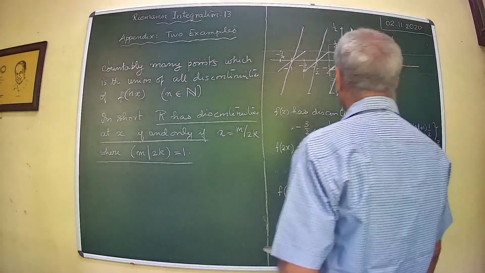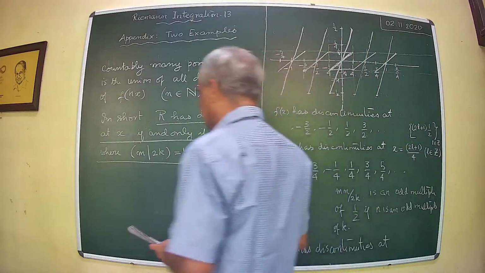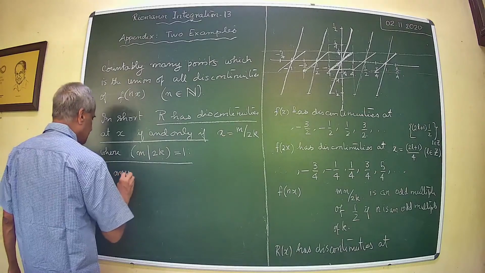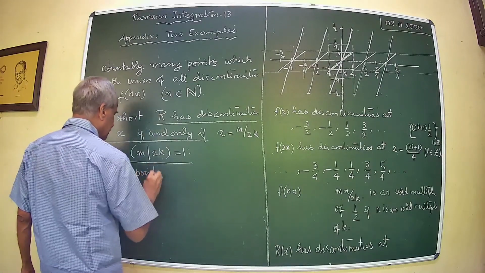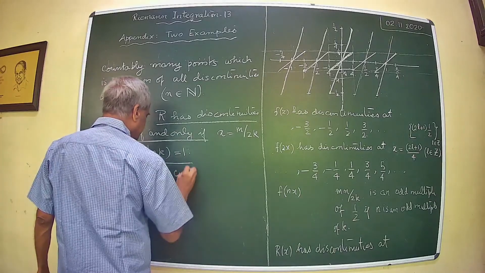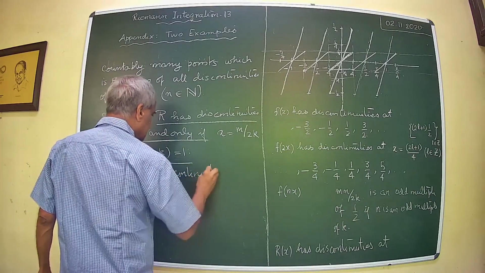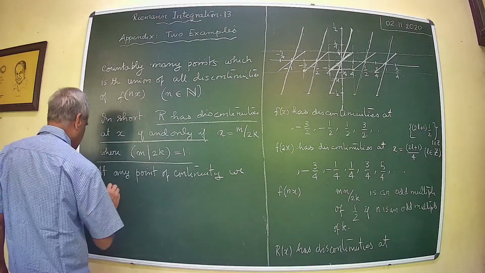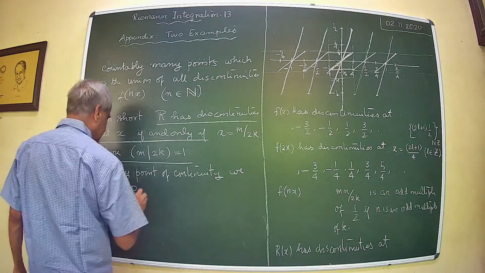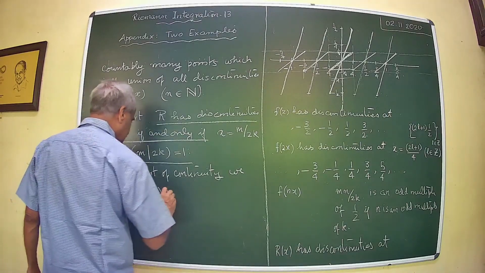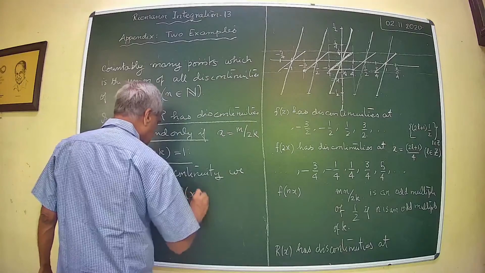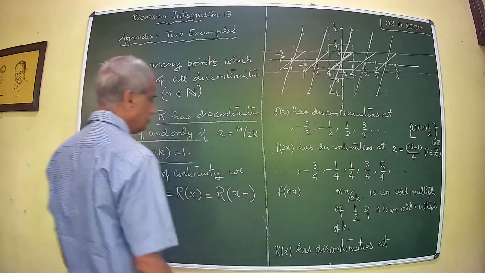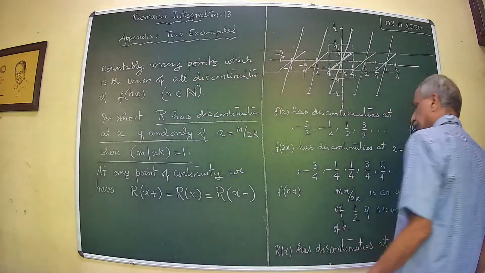Now we see that at any point of continuity, R is continuous from the right and continuous from the left.